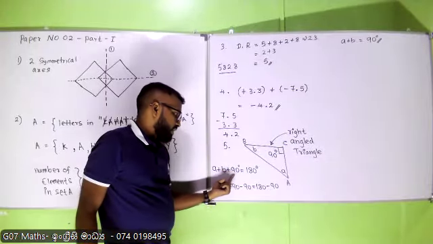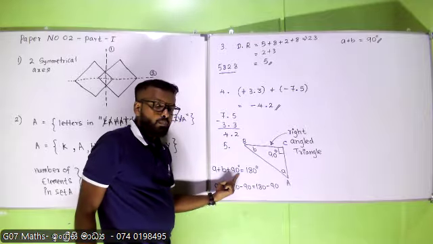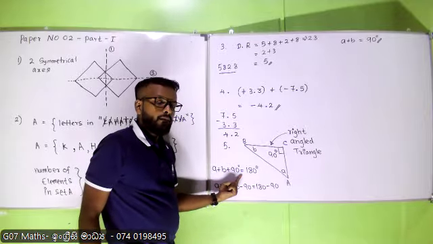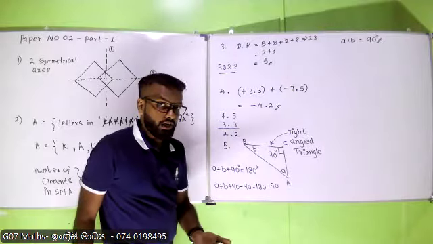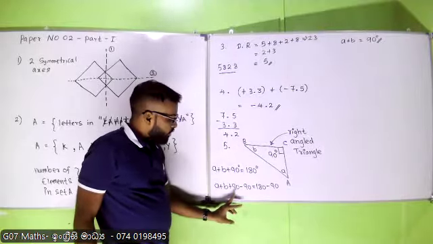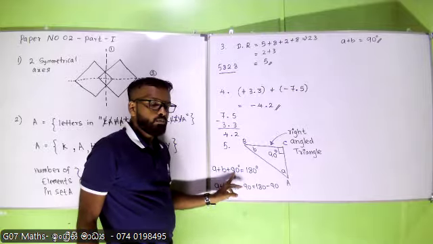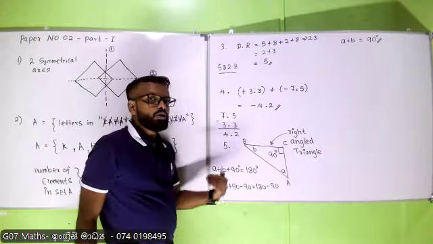Now this is the extra term that we need to remove, plus 90. What is the opposite of plus 90? Negative 90. So if you want to remove this plus 90 from your left hand side, you need to do the opposite.